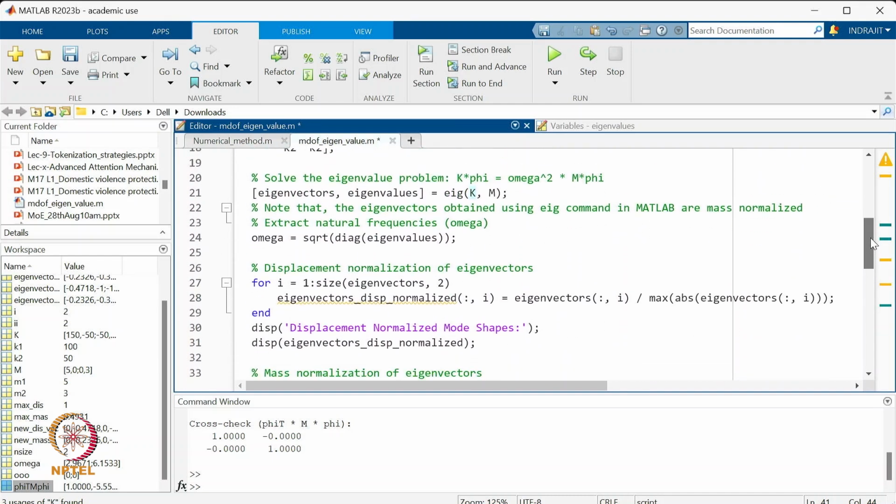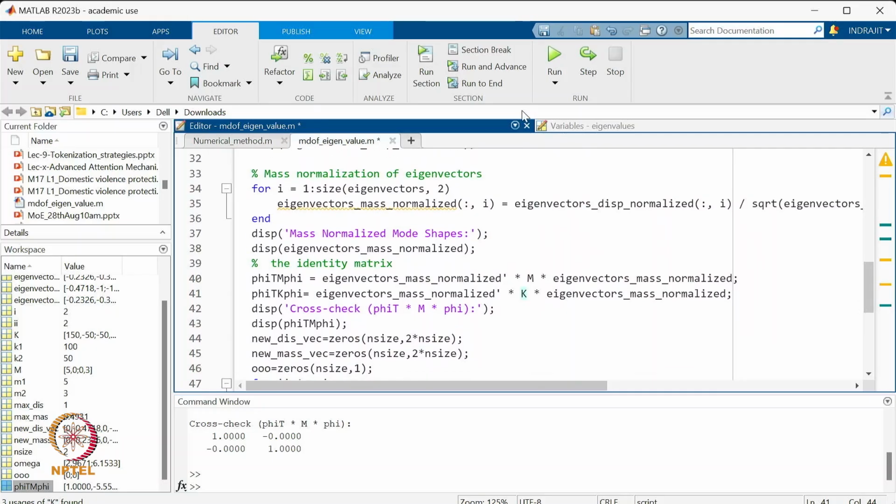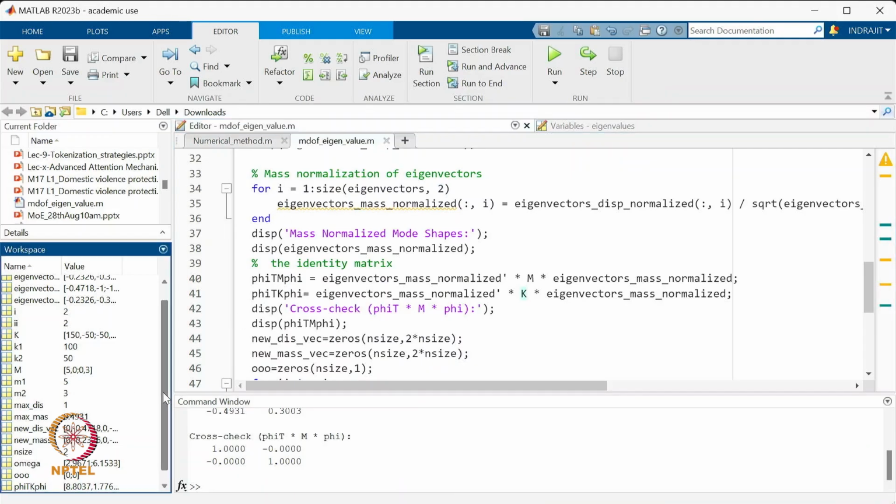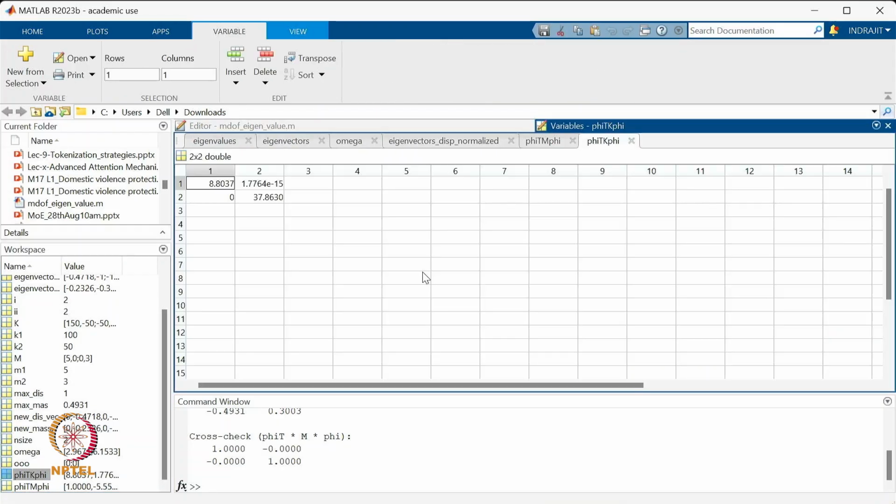So what are you expecting? Identity matrix? No, we are expecting phi transpose K phi. So what should we expect? We can expect the eigenvalues.